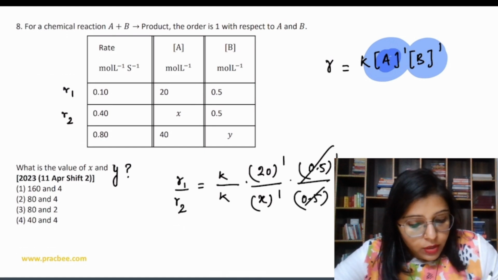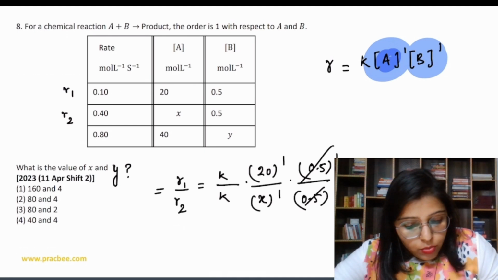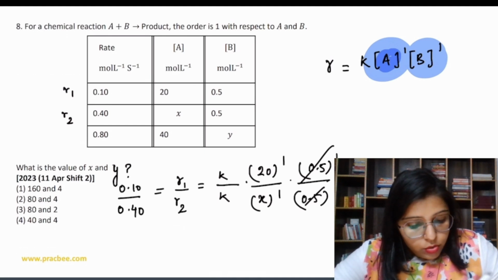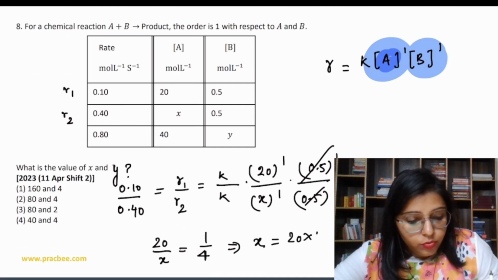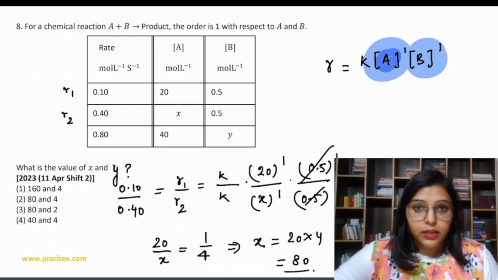Cancelling, it is equal to 0.10 upon 0.40. So we can write 20 by x is equal to 1 by 4. So the value of x is going to be 20 into 4, that is equal to 80. Okay, so the value of x is 80.